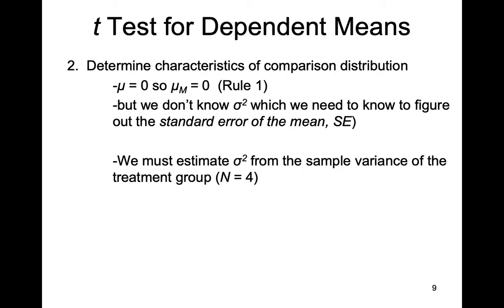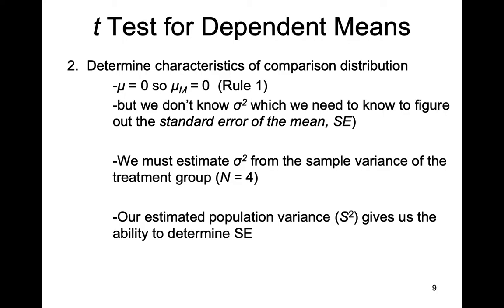If we figure out what the variance is in this sample, we can use that as an estimate of population variance. So our estimated population variance, S squared, which we're going to substitute for sigma squared, will then give us the ability to determine the standard error of the mean. That's because we can use Rule 2a and figure out the standard error of the mean from our estimate of population variance.